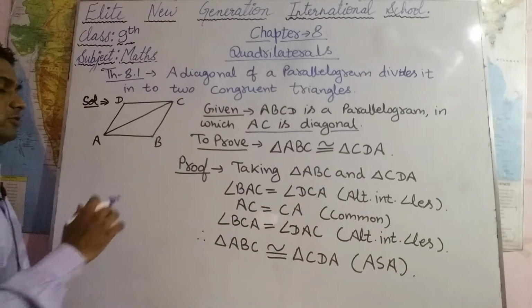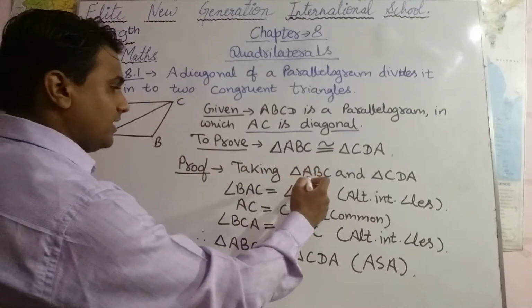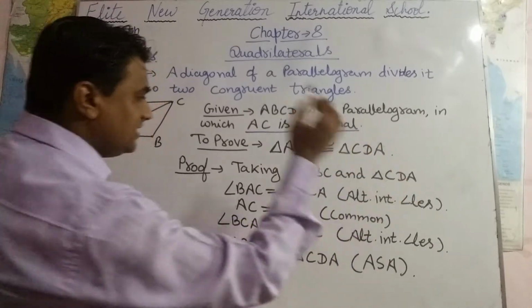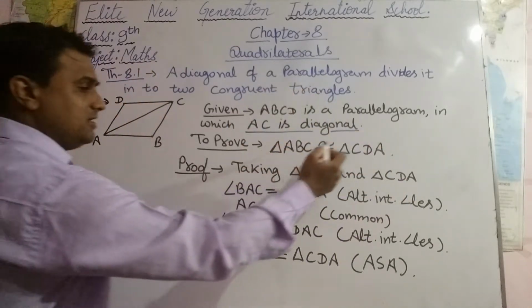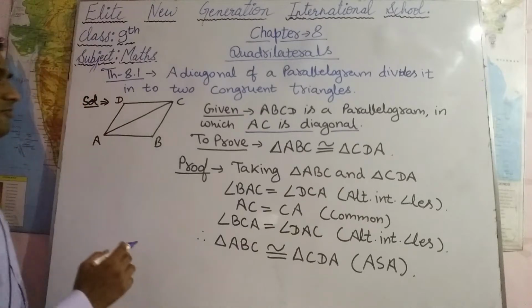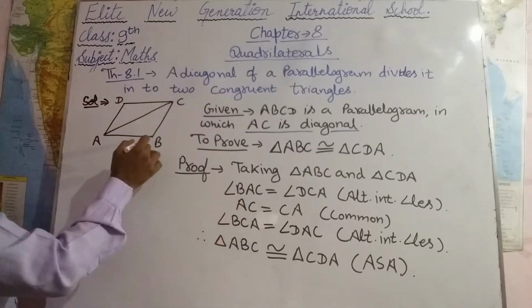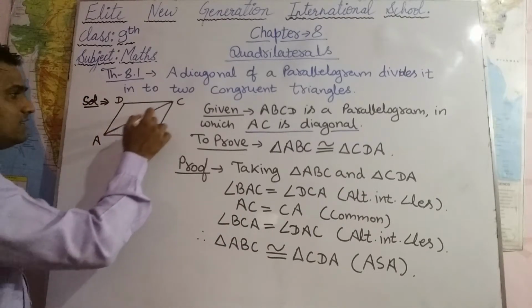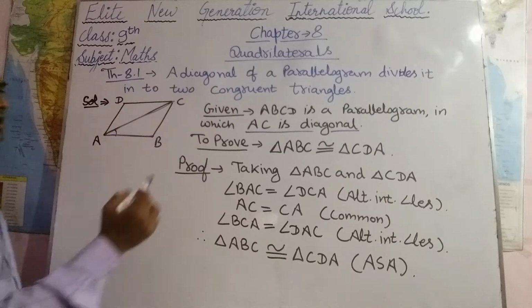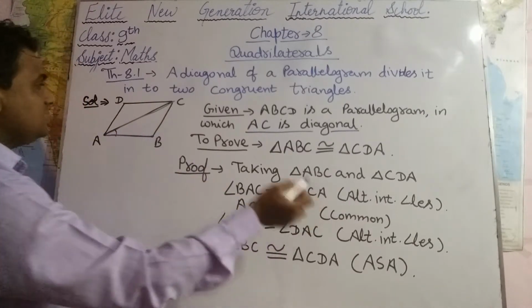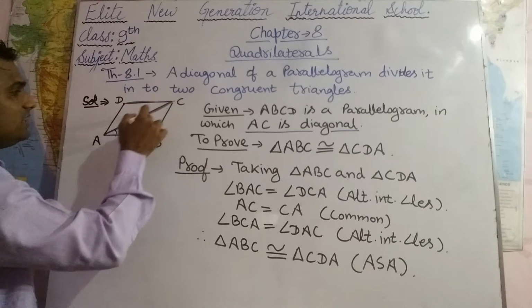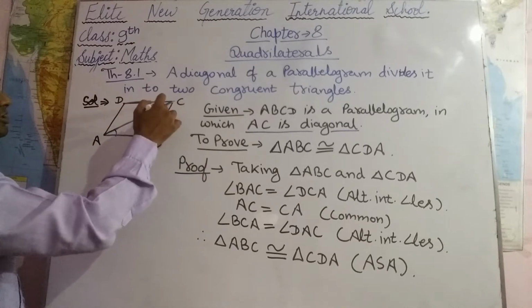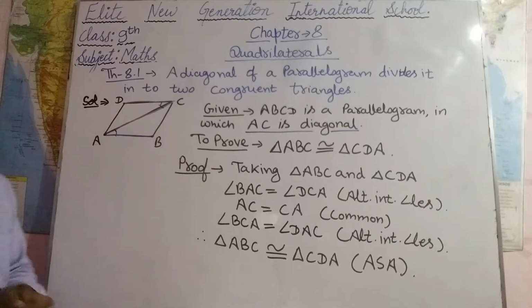Proof: taking triangle ABC and triangle CDA. First, angle BAC is equal to angle DCA. These two angles are alternate interior angles.